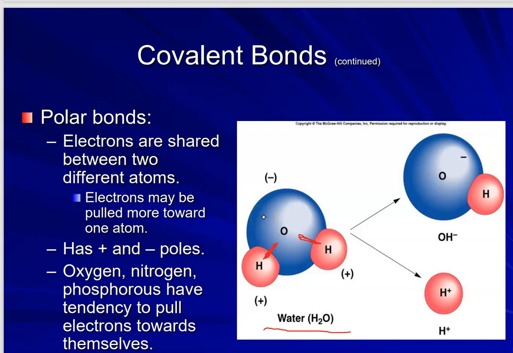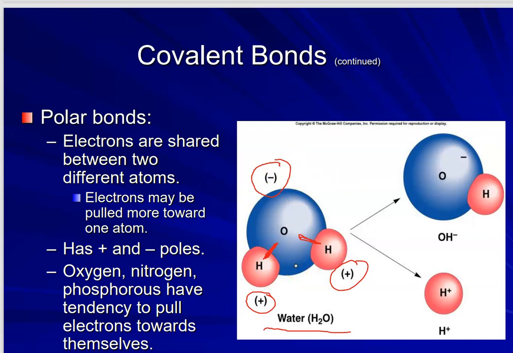It's pulling it closer to itself, which creates, of course, electrons carry a negative charge. It carries this polarity. And all of a sudden we have this negative pole. And then here, the electrons are closer to oxygen, so the hydrogen can't really hold on. So it carries a little bit of a positivity on this end right here. So we have polarity. It's not a charge, but it's a polarity. We have a negative pole on the oxygen end and a positive pole on the hydrogen end.